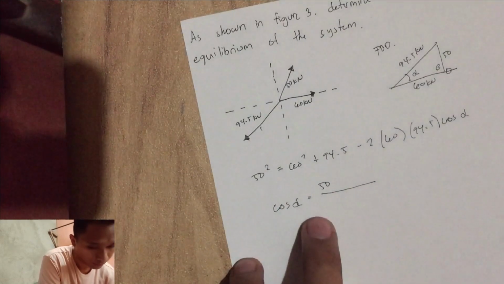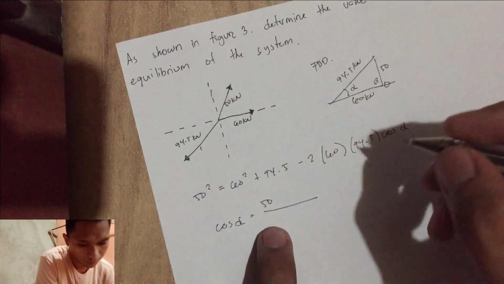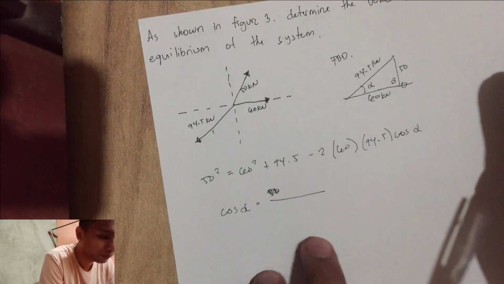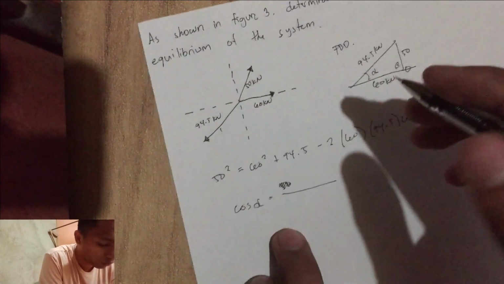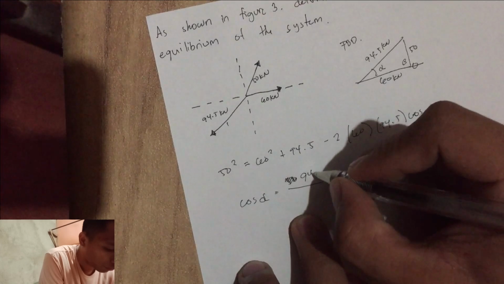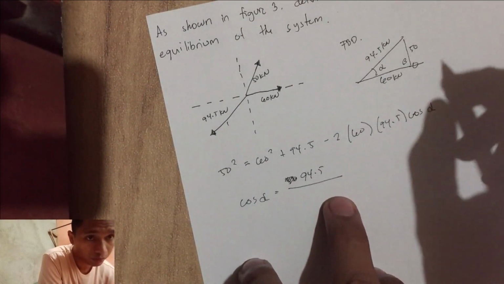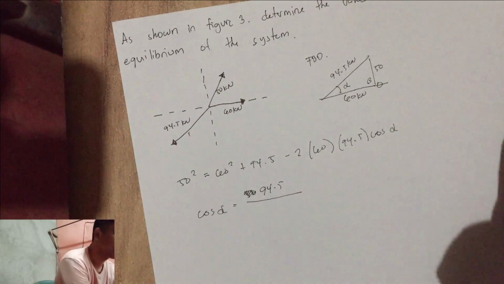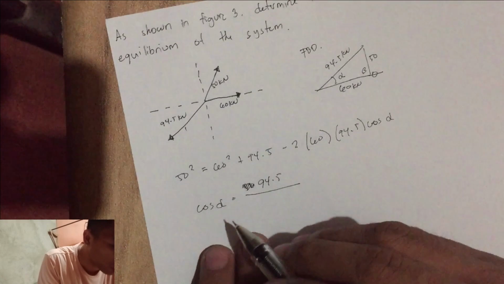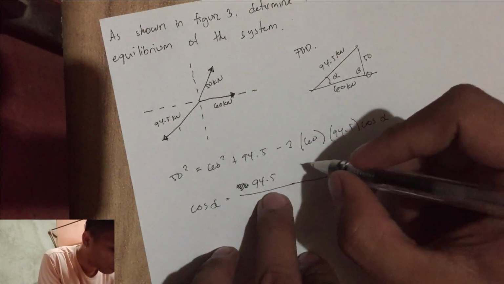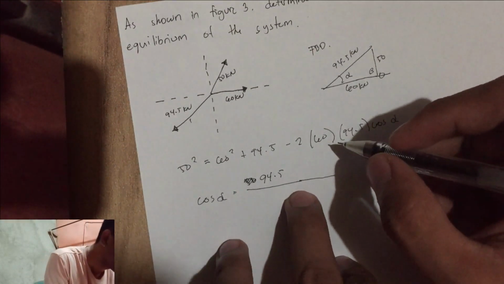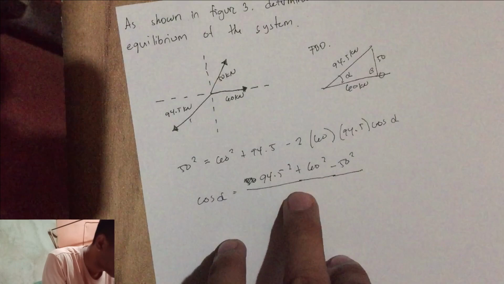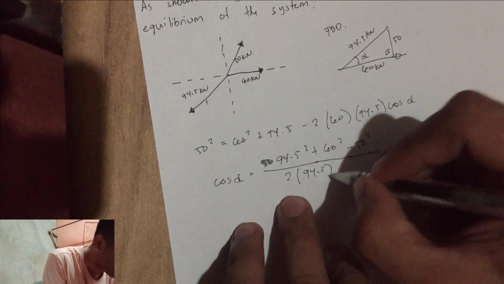To rearrange this, we have cos alpha equals 94.5 squared plus 60 squared minus 50 squared, over 2 times 94.5 times 60.